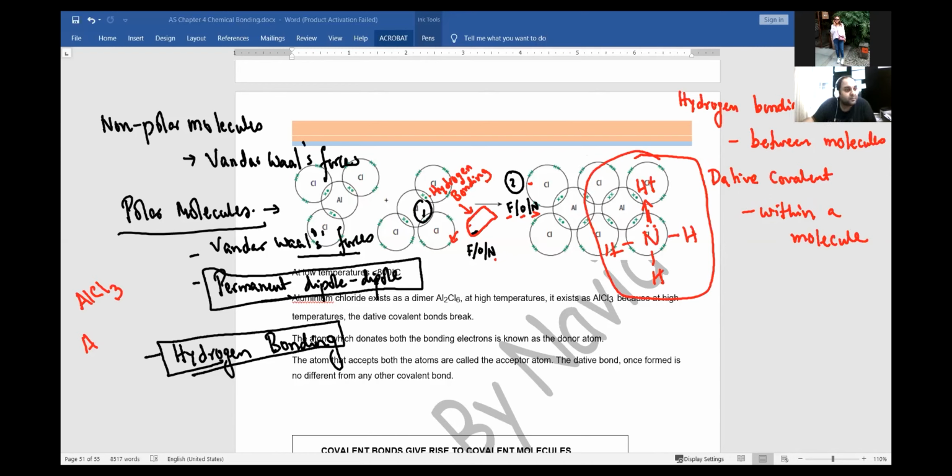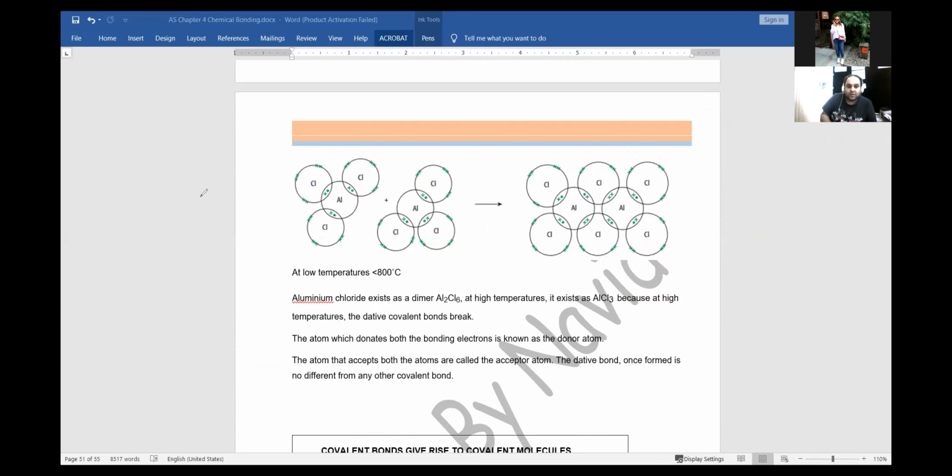Who has the problem? Sir, me, Raisa. What do I need to repeat? The structure you explained at the end, Al2Cl6, the dative covalent bonding.